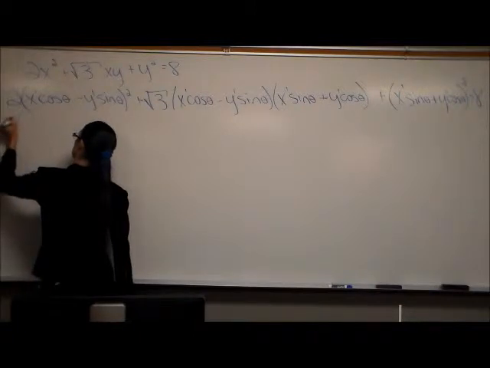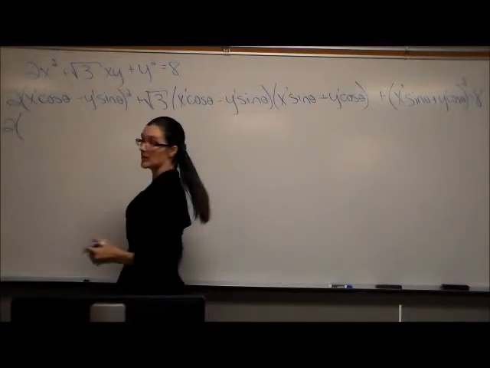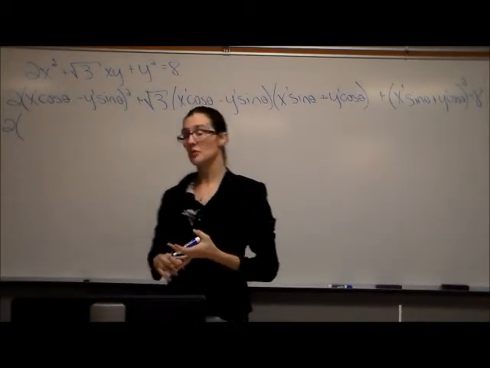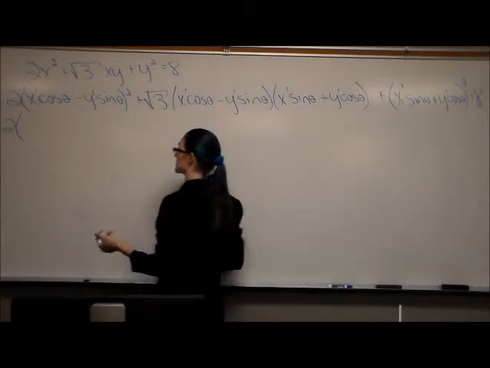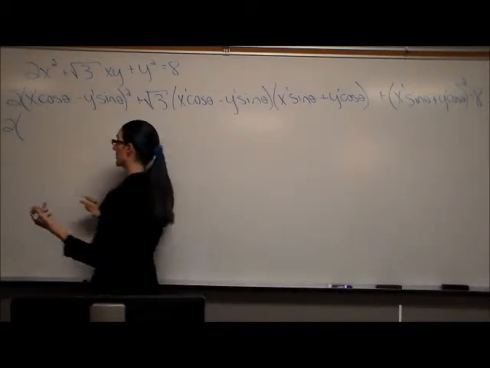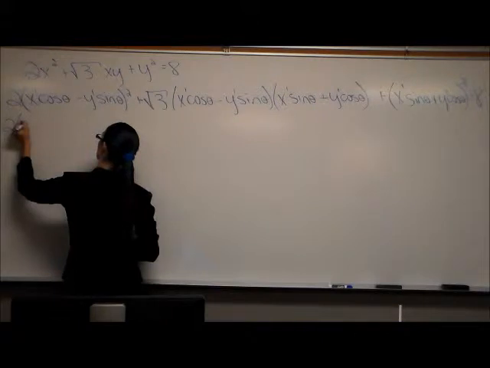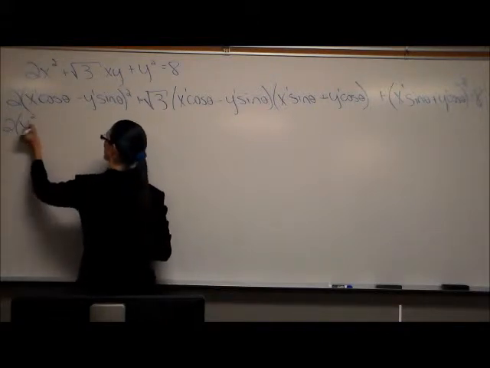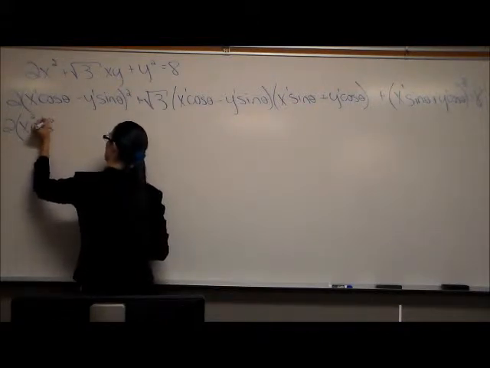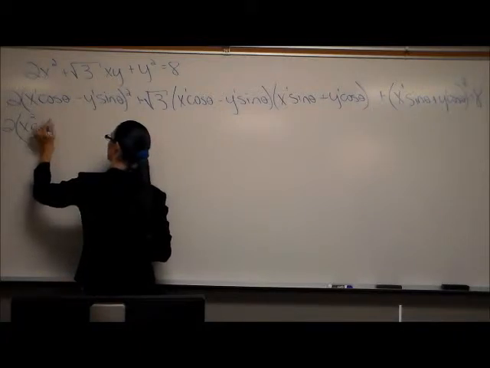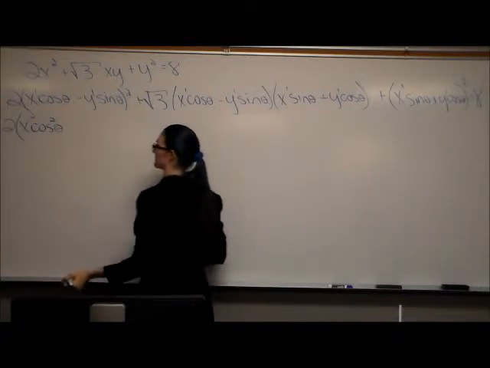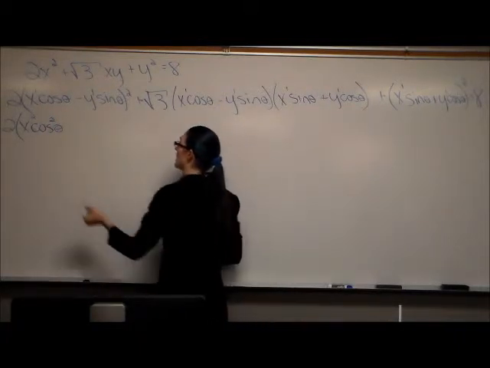So we have 2 times squaring this one. We square the first, multiply them together times 2, square the last, or expand and FOIL. So we're gonna get x prime squared cosine squared of theta. So that's the first one squared.